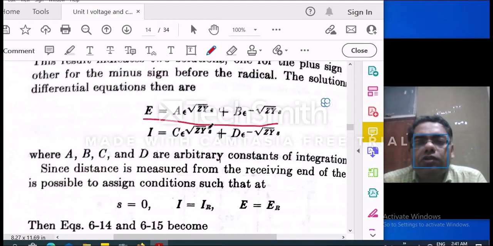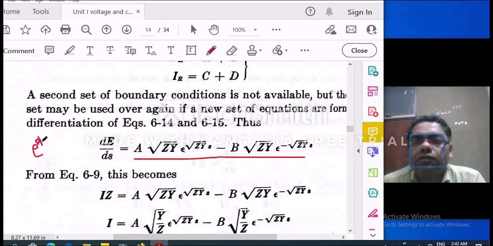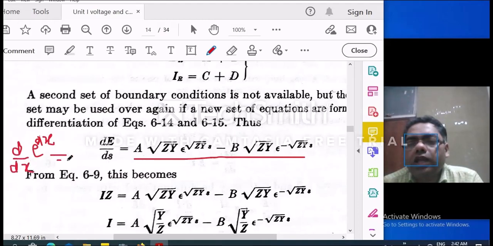So dE by dS, if we do, we will get like this, because d/dx of e to the power ax is a into e to the power ax. So this term will come out, root ZY will come here and we get this.